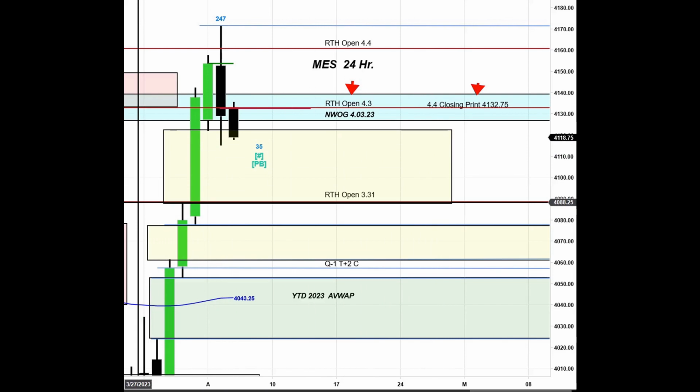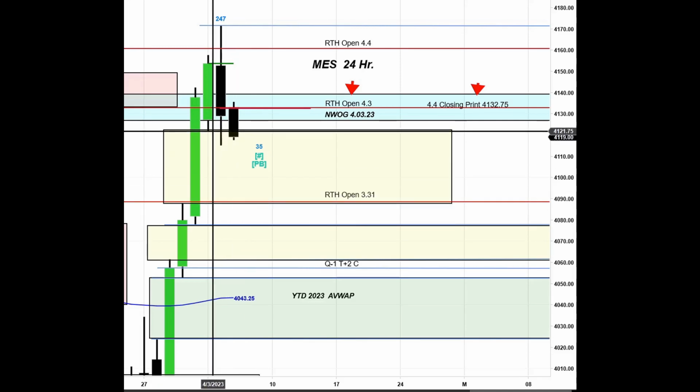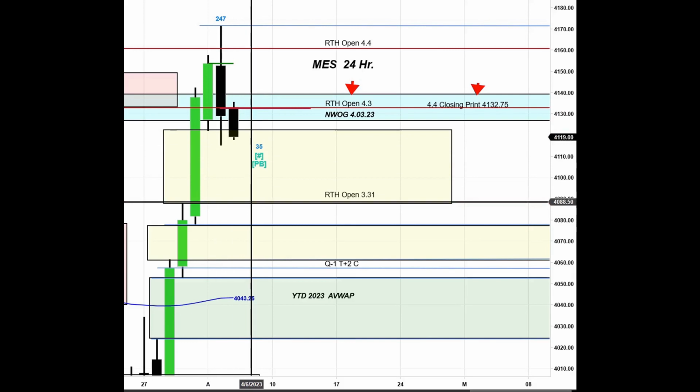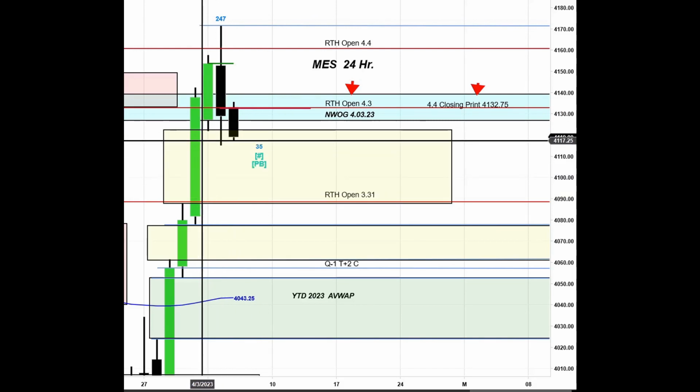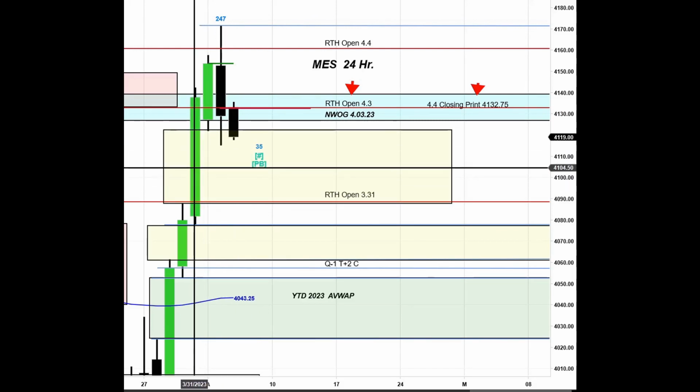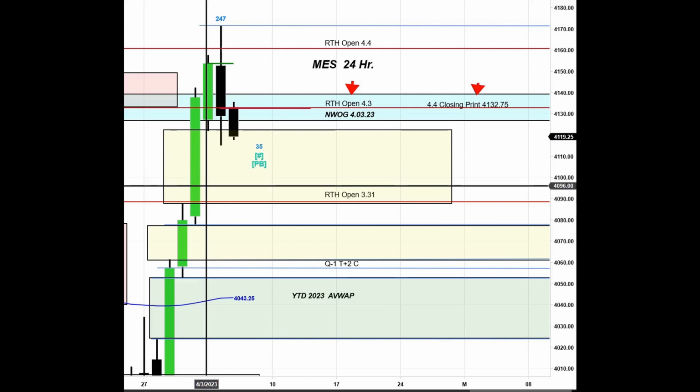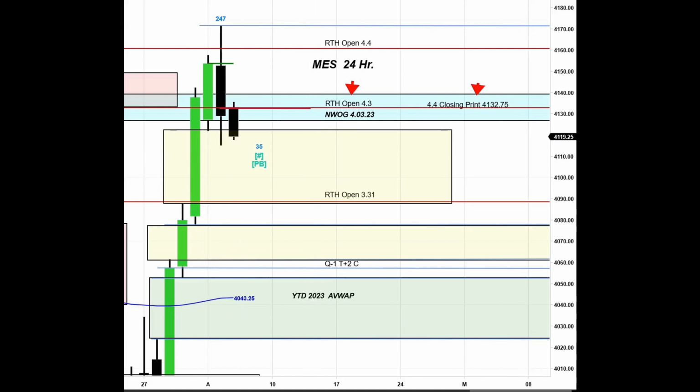This red line is basically denoting an area of interest that I've got, 4,088, call it 4,089, and I'm thinking price at some point this week closes this imbalance because this is a buy-side imbalance, sell-side inefficiency, and it comes back from last Friday.